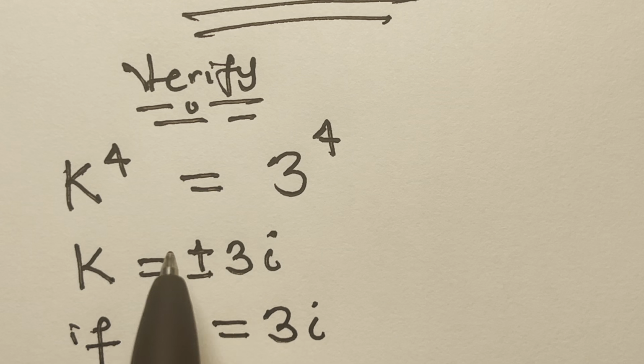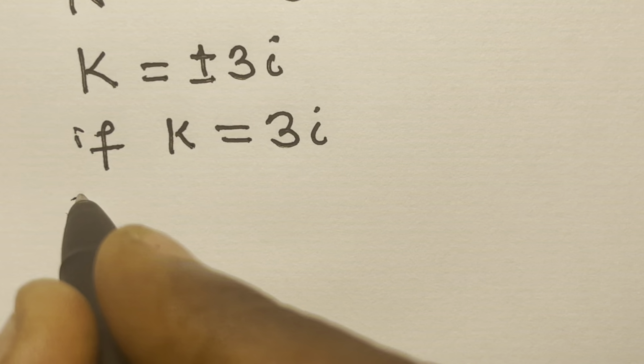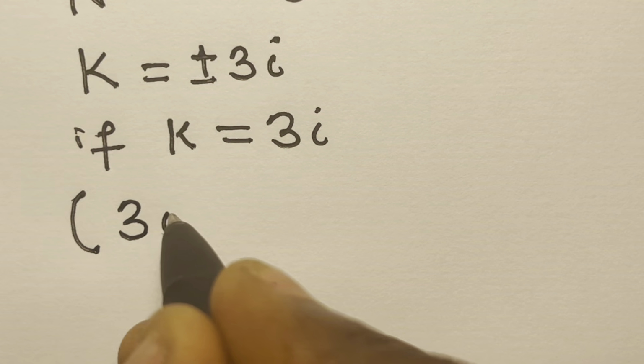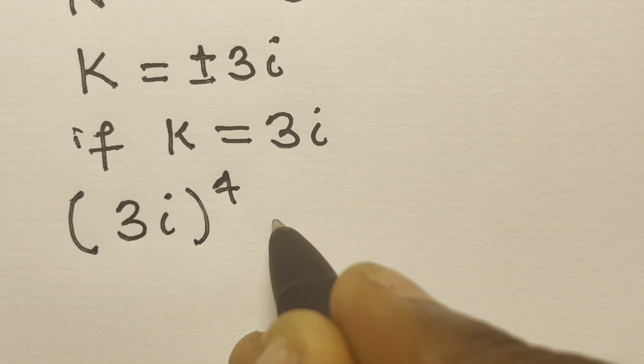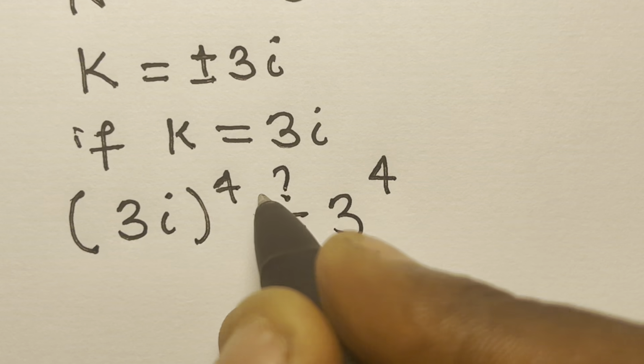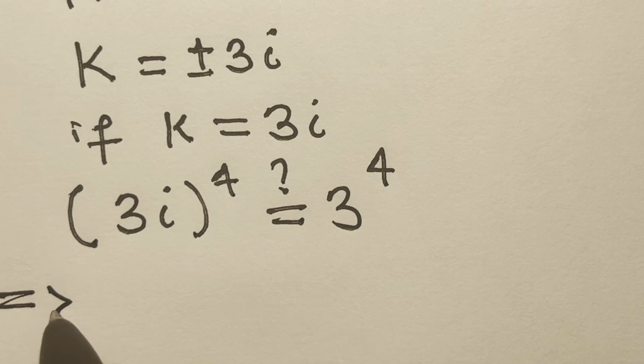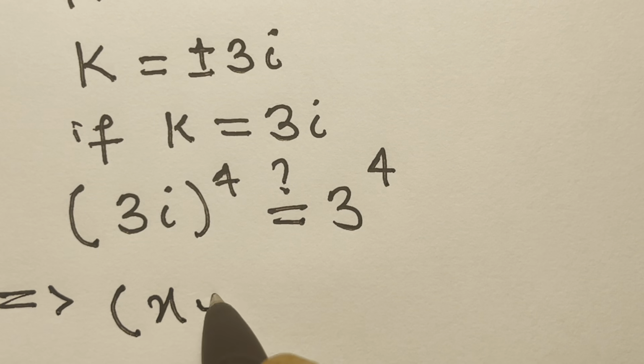So we substitute 3i into this equation, so we will have 3i raised to power 4 is equal to 3 raised to power 4, or you say is this equal to 3 raised to power 4. So here let's recall from the law of indices.